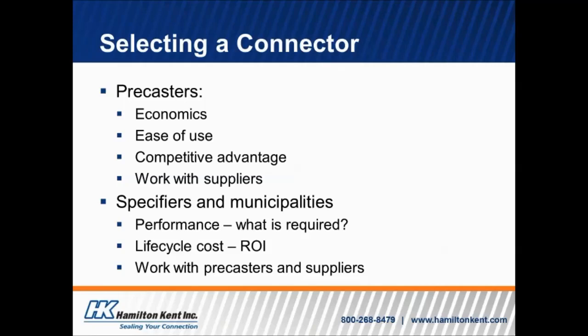So it just comes down to what the personnel is capable of doing and what management decides is going to be best for them. In some cases, it could be a competitive advantage that nobody in their area is manufacturing using a casting connector, and they demonstrate it to contractors, and the contractors see how easy it is, and then they switch over to that, so that precaster has a competitive advantage initially by having that product available.